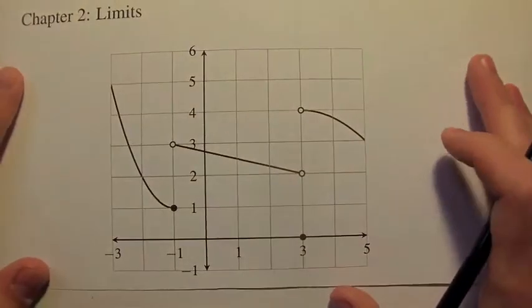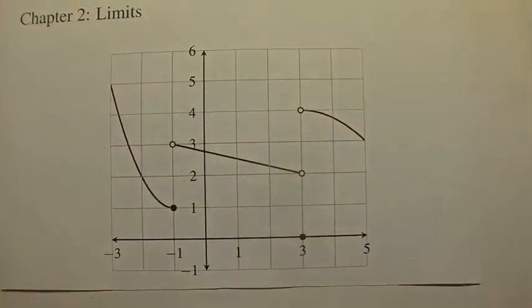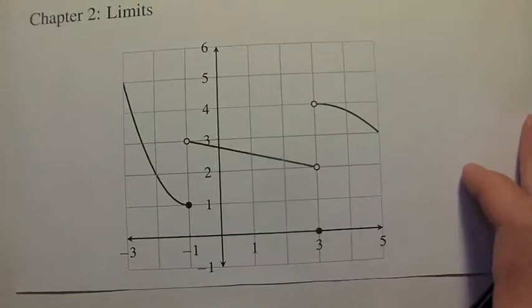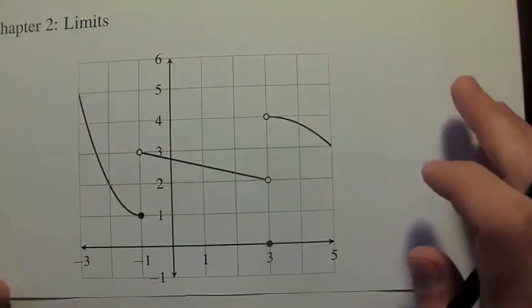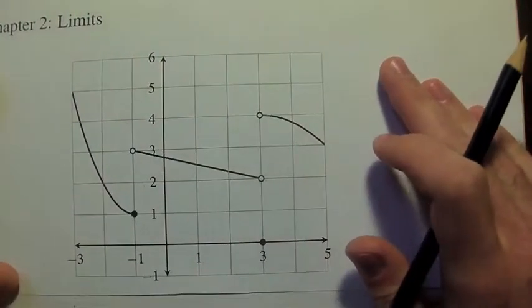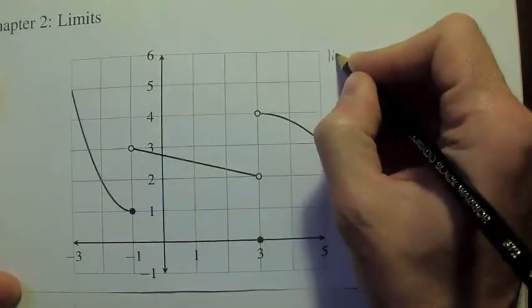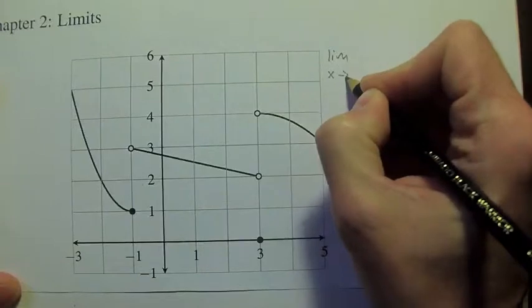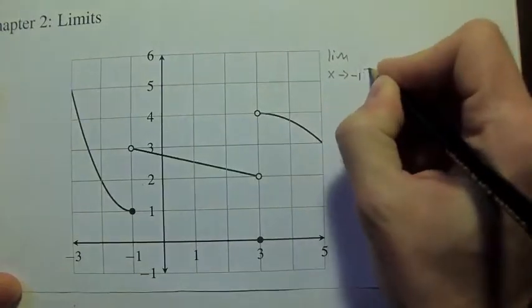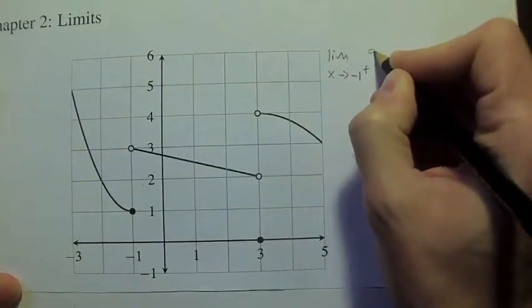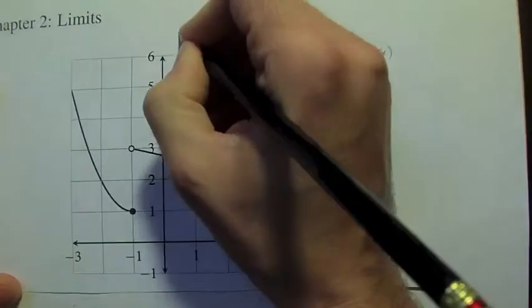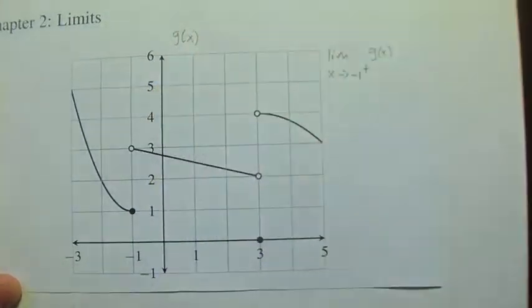All right, next example is a little more complicated, but we have 2 breakpoints instead of really just one. But, so we're just going to go through and take a look at these, at the breakpoints and maybe various other spots. So let's start with the limit as x goes to -1 from the right, from the positive side, and let's call this guy g of x, just so we don't use the same letter all the time.